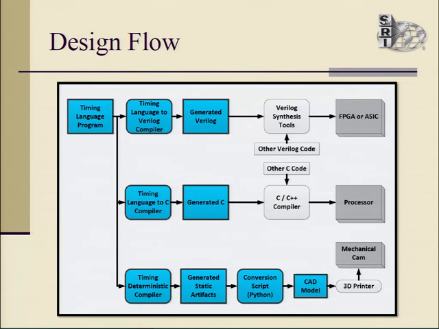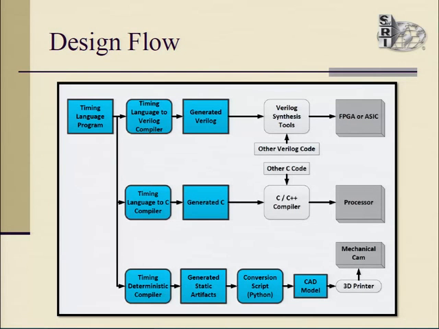So here's the design flow for the RITES language. On top left, you see the timing language program. This is a program you write in this new domain-specific language. We have several compilers that are basically code generators that produce either C code or Verilog code or some of these statically generated artifacts. But you always take that generated code and you incorporate it with other code that's developed by other means.